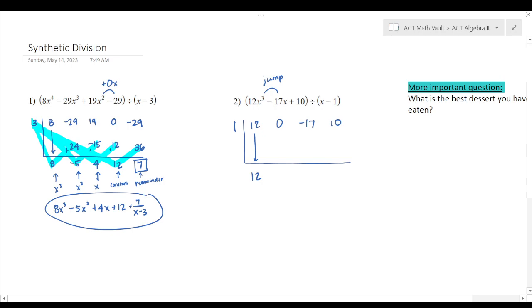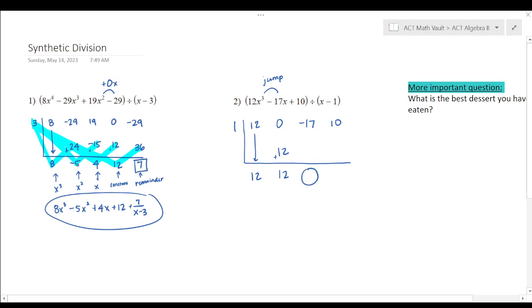Then that 12 here, 8 in the other one, will be that number that you sort of play with as it relates to this 1 right here. So the first process is, what is 1 times 12? 12. Then that number that you get underneath here is 0 plus 12, which is positive 12. Then every time you need a number here, you multiply.